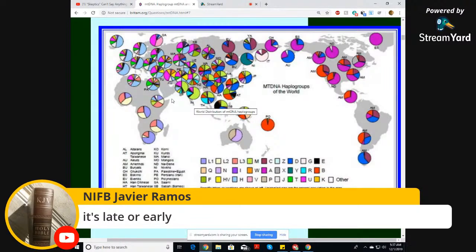That's kind of complicated. But anyways, apparently the progenitors of the Hamites, which are L1, L2, and L3, all went to Africa. This is what I'm trying to say. And there really isn't any L1s, L2s, and L3s outside of Africa.